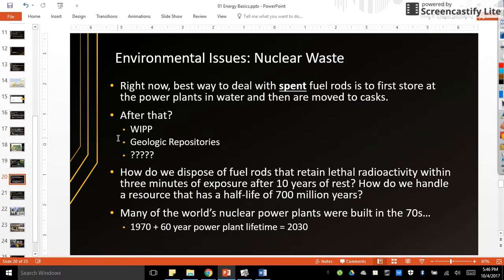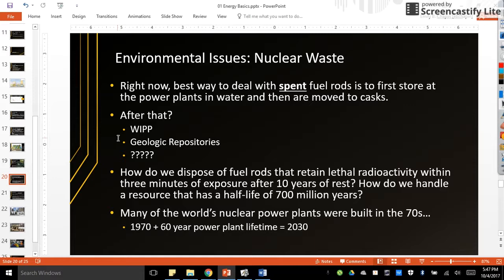We don't know how long a cask can hold a spent fuel rod. It could be 10 years, it could be 100 years. We're not really sure what is safe yet. But after the power plant has been decommissioned, what do we do with a fuel rod or radioactive material that takes 700 million years to complete one half-life?